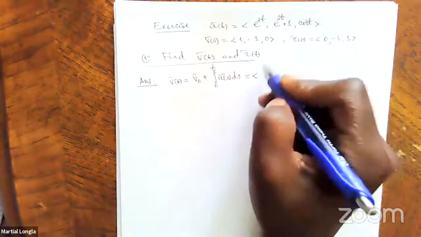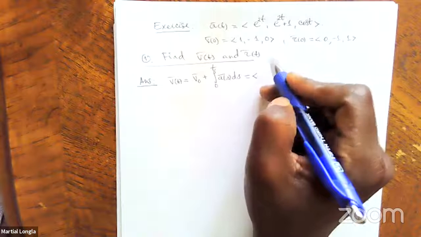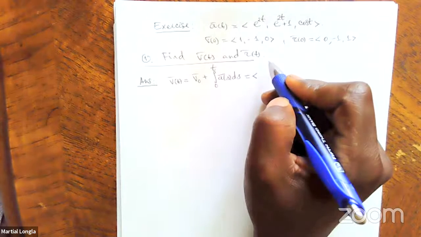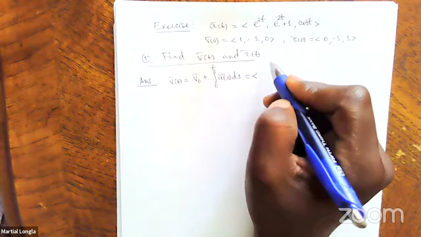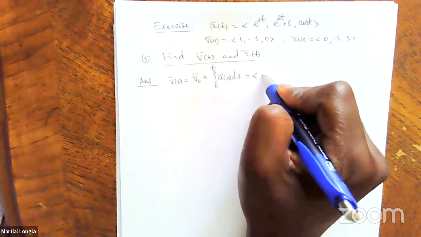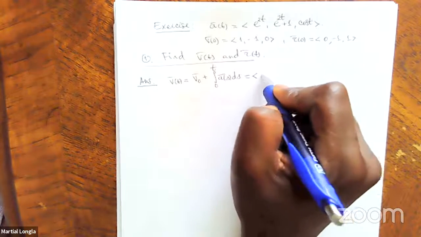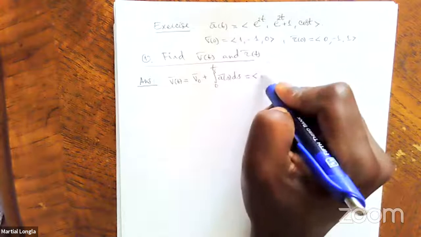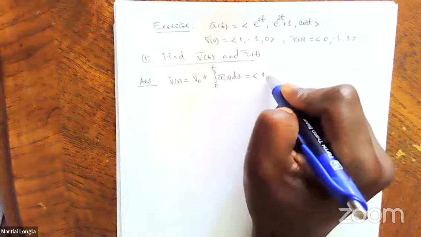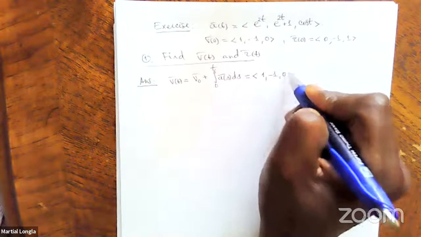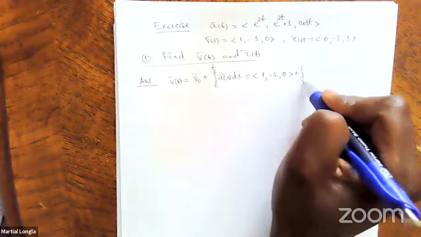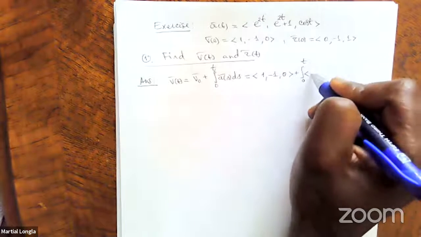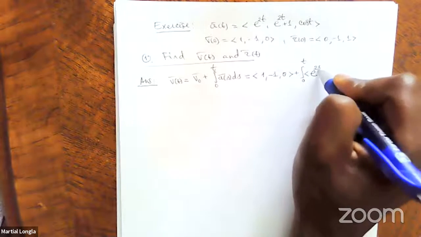Eric, what do we get next? You substitute s instead of t. V of 0 plus the integral of the accelerations, and so you plug in s for the t's.